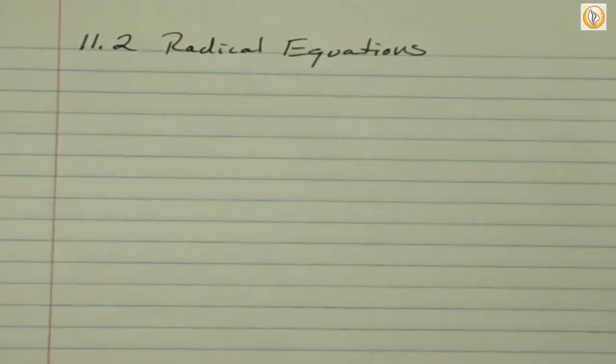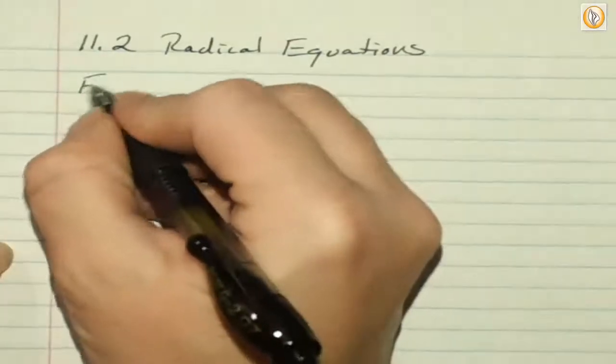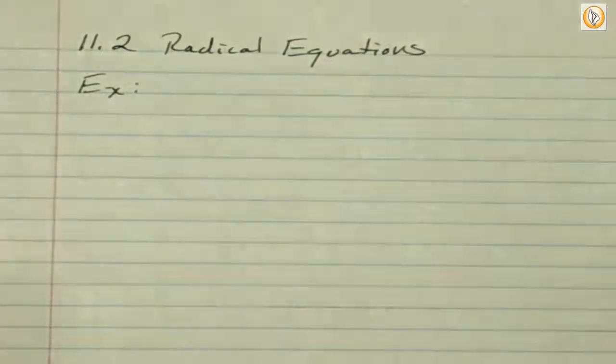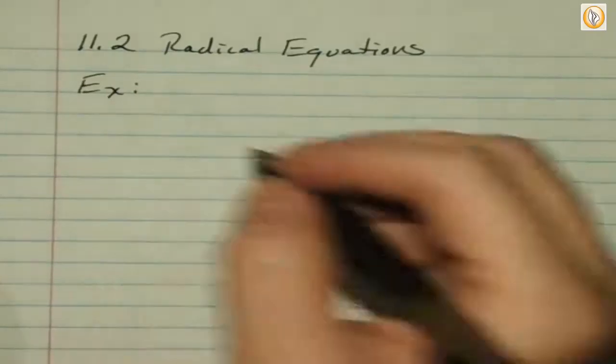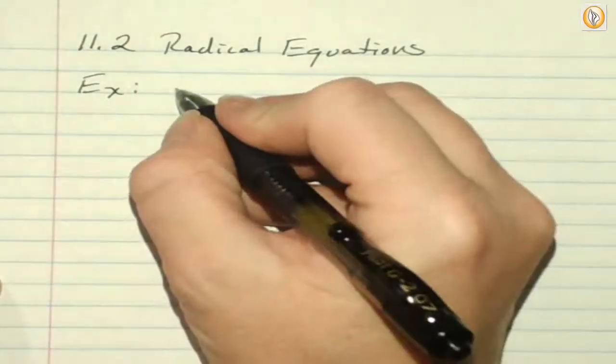Okay, radical equations. So for example, this is what we're going to do. It'd be easier just to start on examples and then explain it to you. We need to figure out what x is.